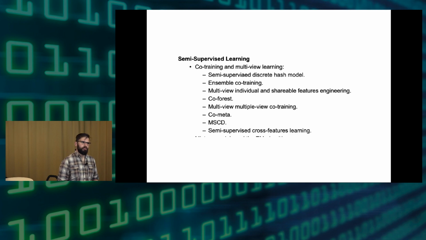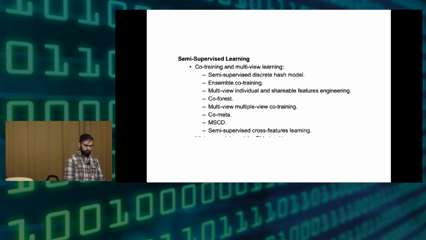Then we also have a lot of different semi-supervised learning algorithms, for instance co-training and multiview learning. Co-training involves several different classifiers, and you label the data according to how these algorithms agree on a certain label. Multiview learning is when you can view an instance in different views.